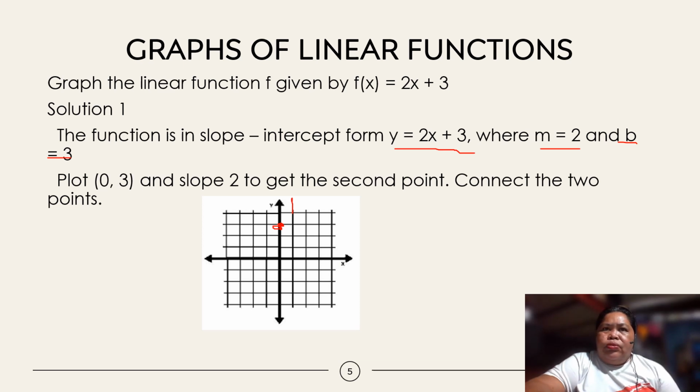So we have (2, 7), or going down, (-2, -1)... we count 1, 2, 3, 4, 5, so your point is here. We can have (1, 5), or (-1, 1). Then we can connect.